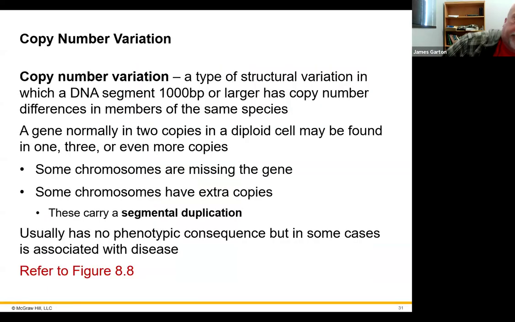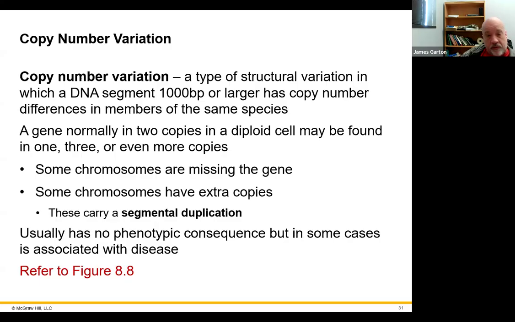And then you have copy number variation. It's just a variation in a piece of DNA that's a pretty fair size, and it has copy number differences between individuals of the same species. Typically, we say that if you are diploid, you have two copies of every gene.